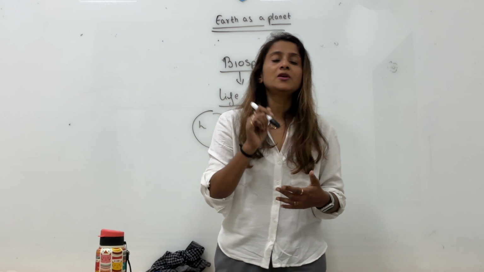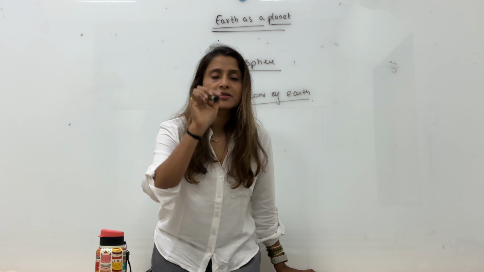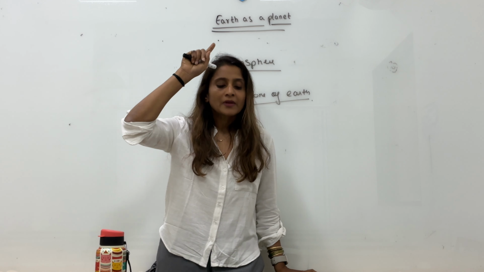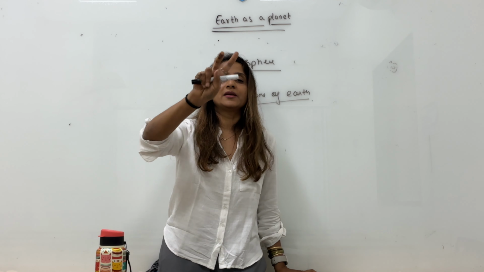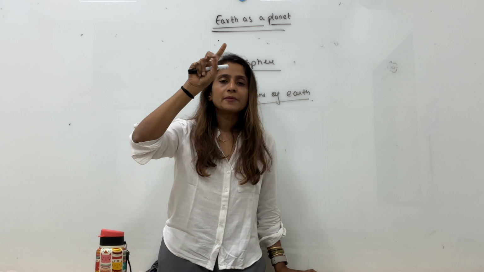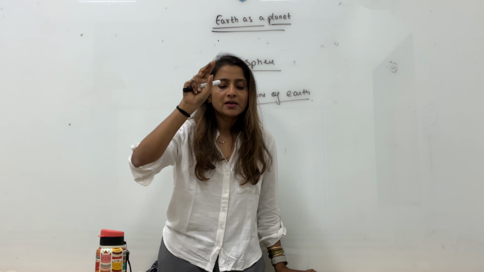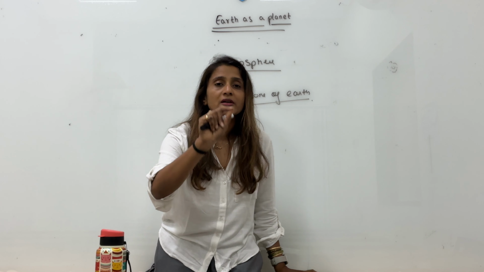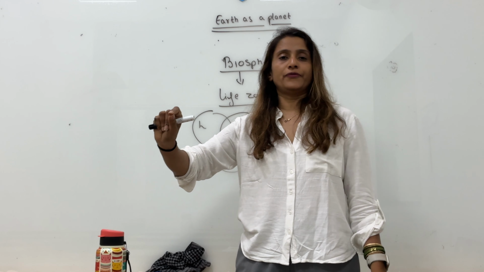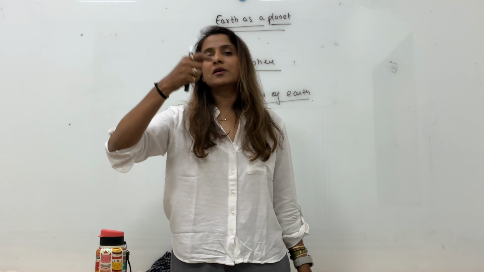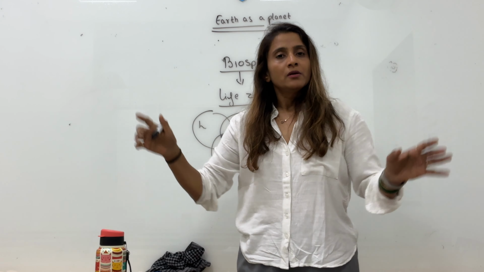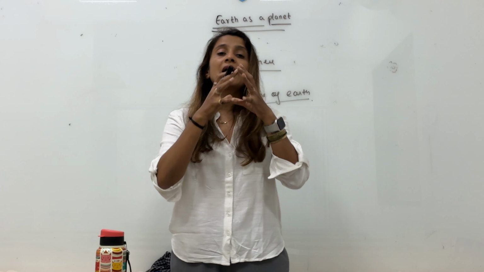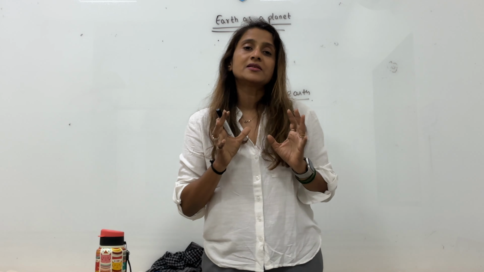So what is an ecosystem? Ecosystem is a self-regulating and self-sustaining structural and functional unit of life. It is self-regulating. We don't have to put in any effort; life can exist automatically because it has all the conditions where it can support life.